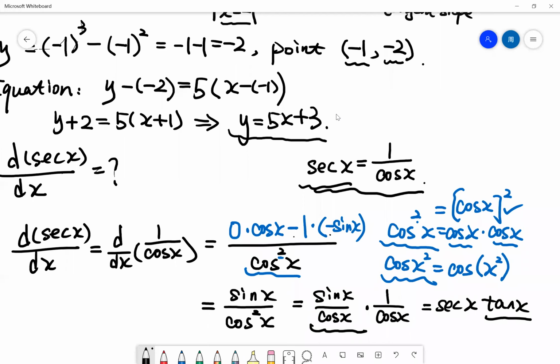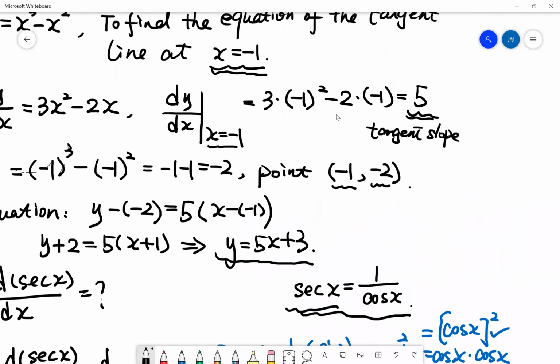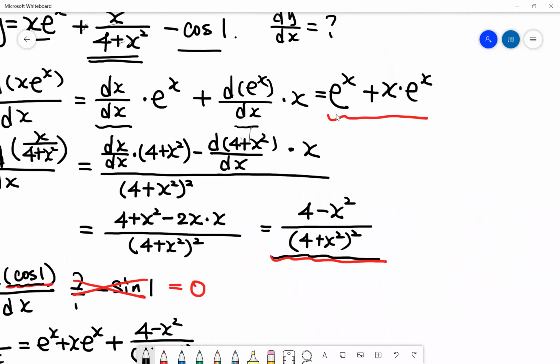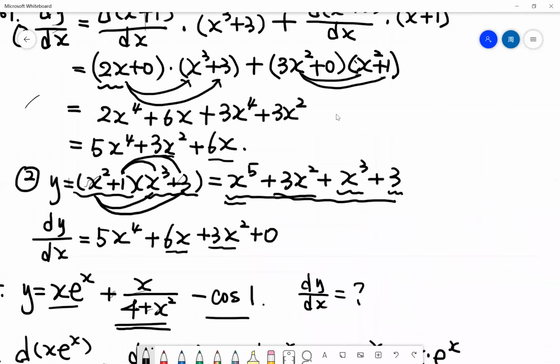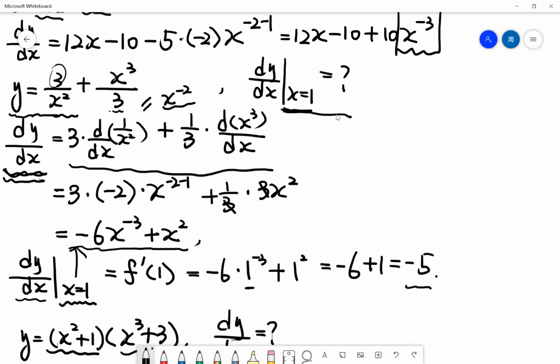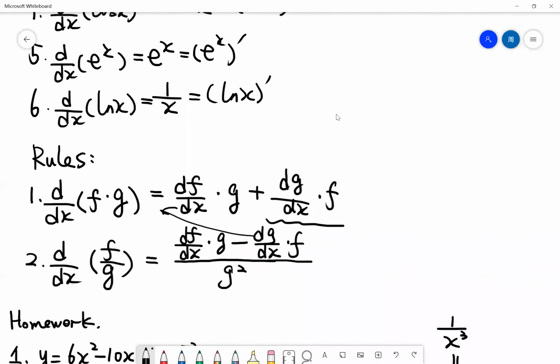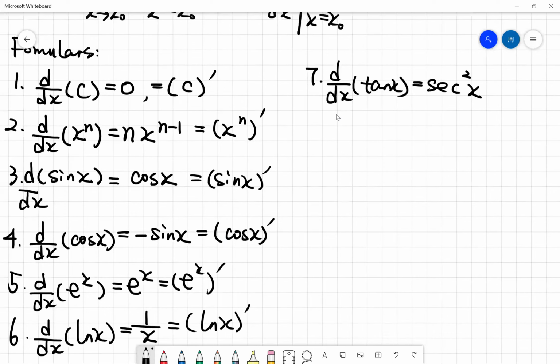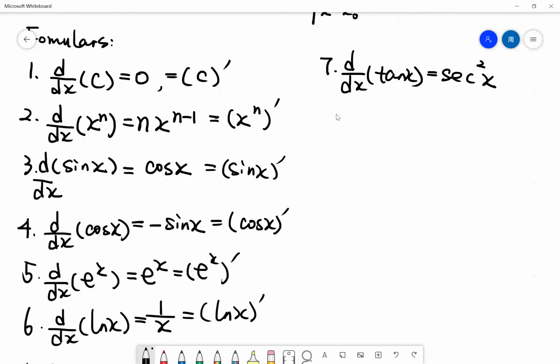And you should remember it as one of the common formulas. So I will add this formula to the list of common formulas, and I will give you a screenshot at the end of this class.